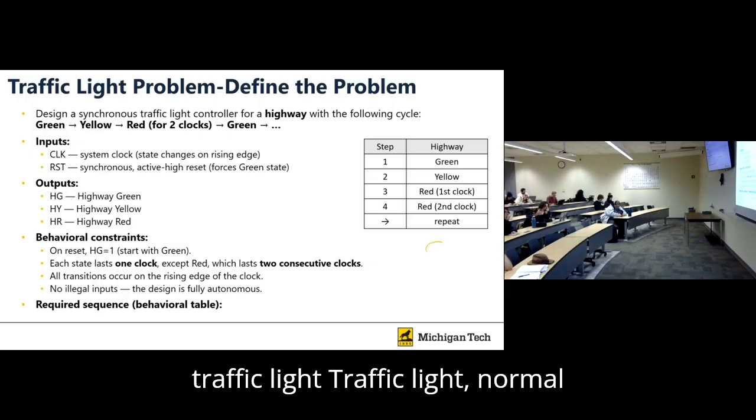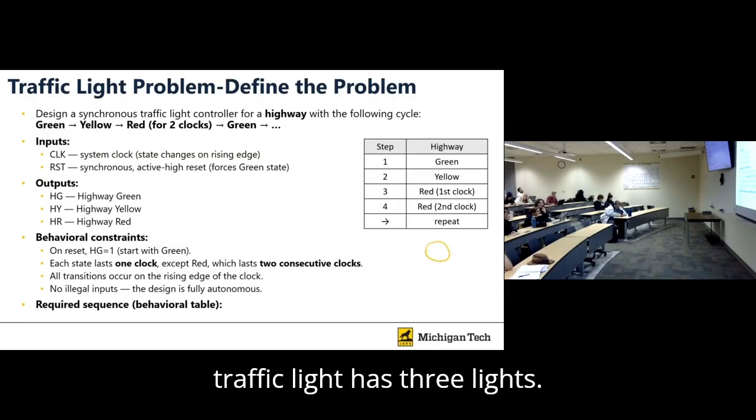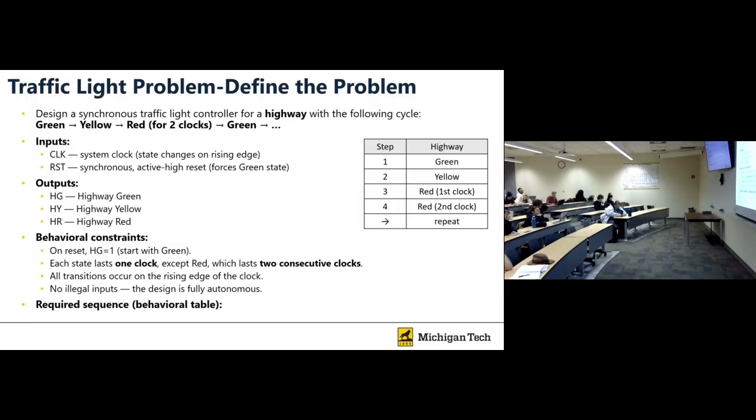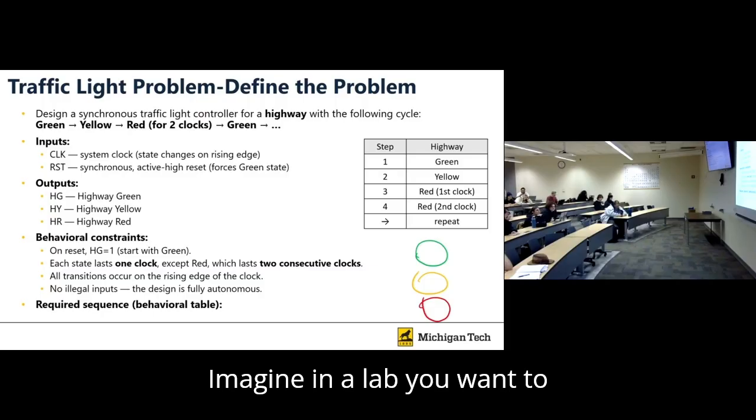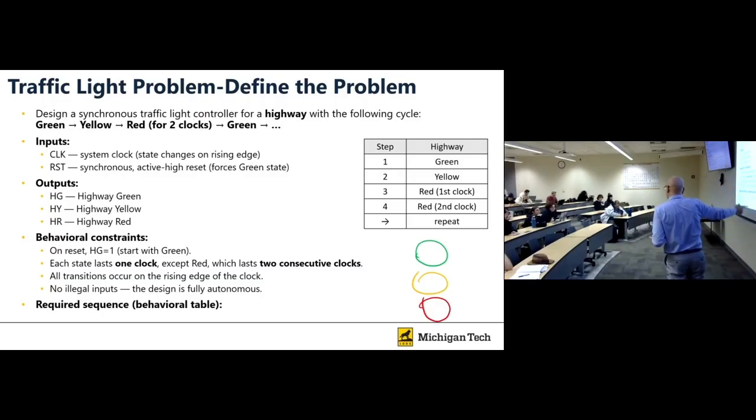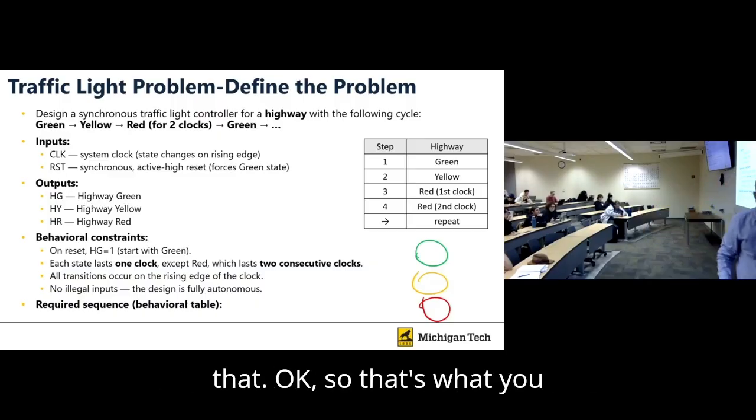The problem is the traffic light. A normal traffic light has three lights: green, yellow and red. Imagine in a lab you want to implement this problem with LEDs. You have three LEDs, and you want to implement that. So that's what you want to design.